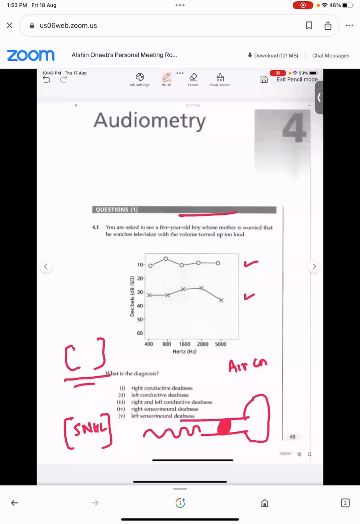Okay, so it means this is left conductive deafness. What is the grading? It's between 30 and 40, so it is a mild degree of conductive hearing loss.